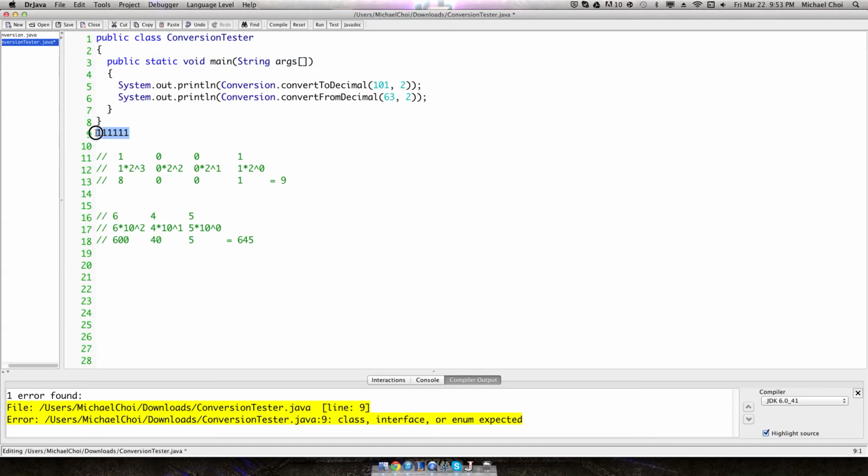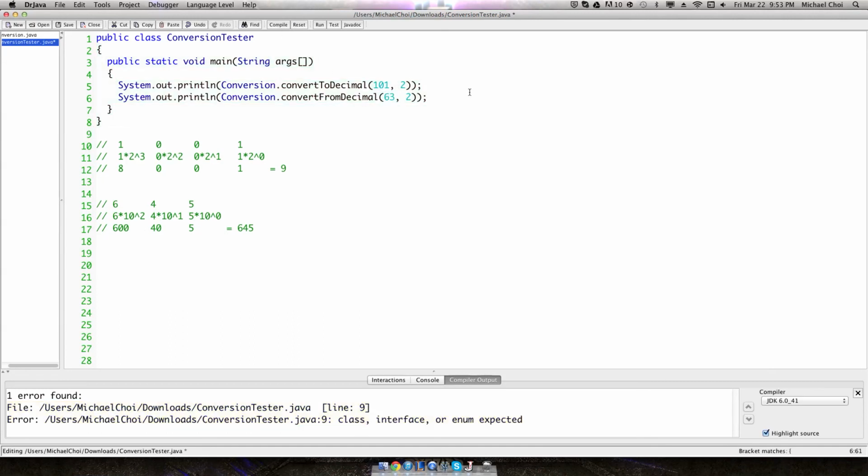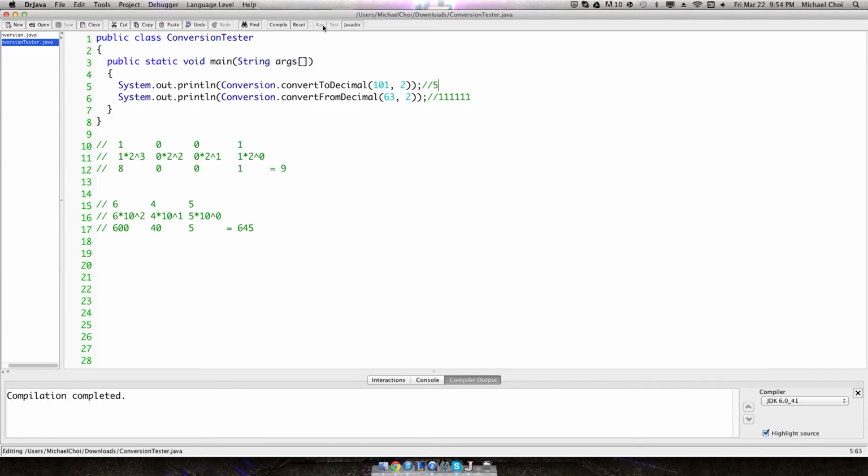So it should be this. So 6 ones should be represented for this, if I did this correctly. And we already tested this one out. This is like 1 plus 4, which is 5. Yep, so we got our correct answers.